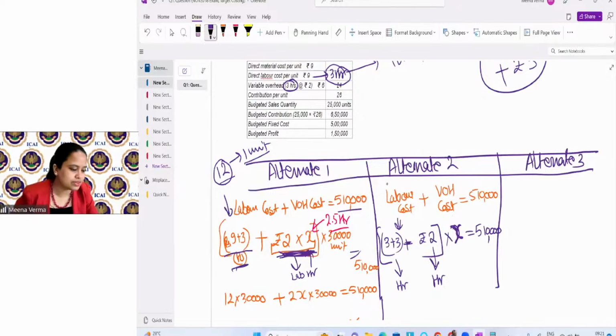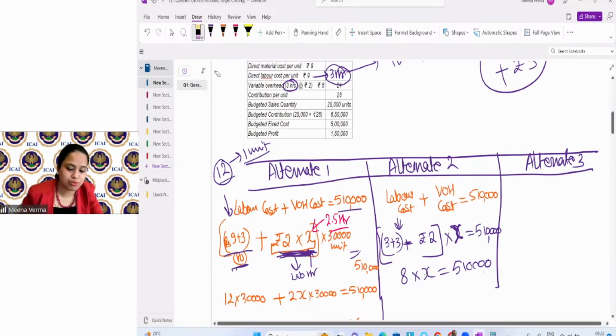Now solve this. Just add it. So 3 plus 3, 6, plus 2, 8. 8 into x is equal to 5,10,000. Number of units also, sorry.